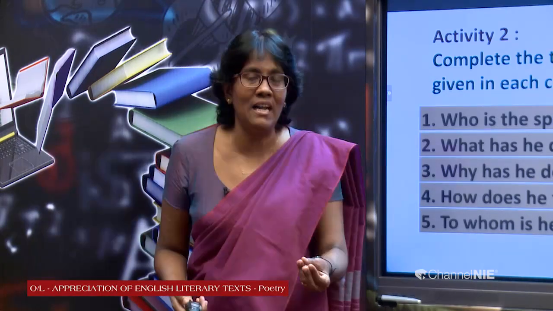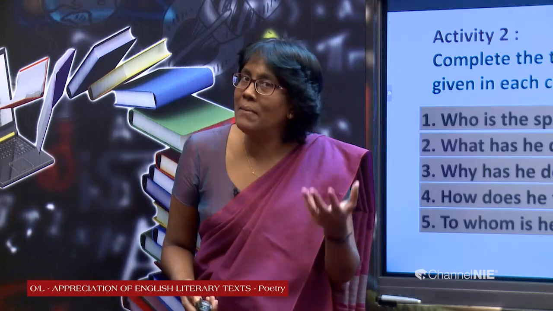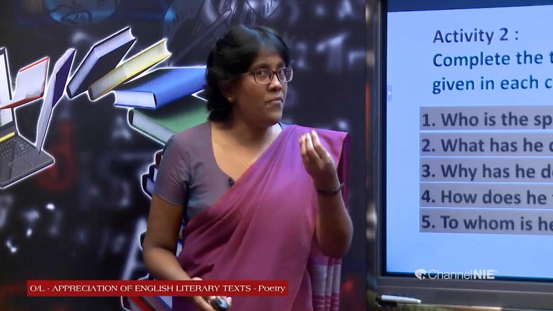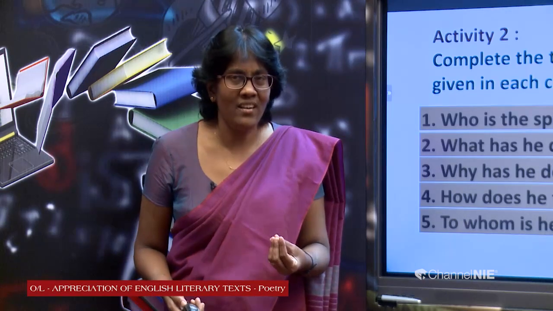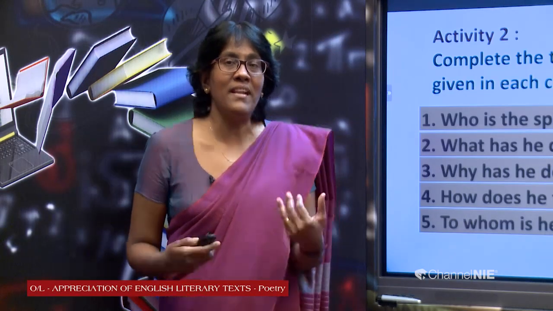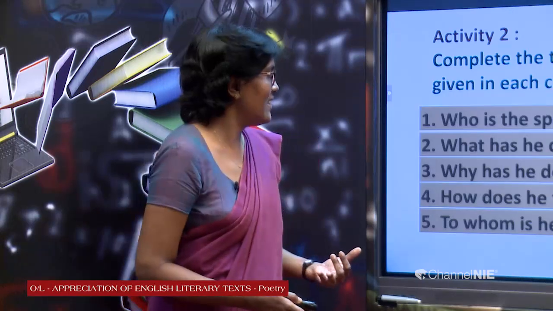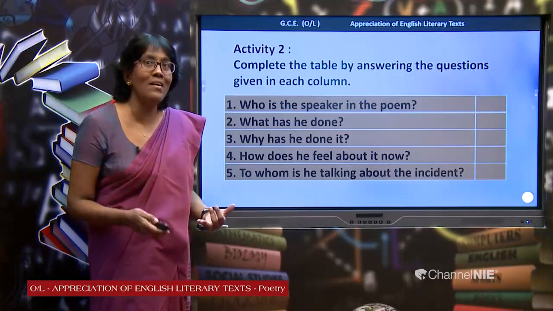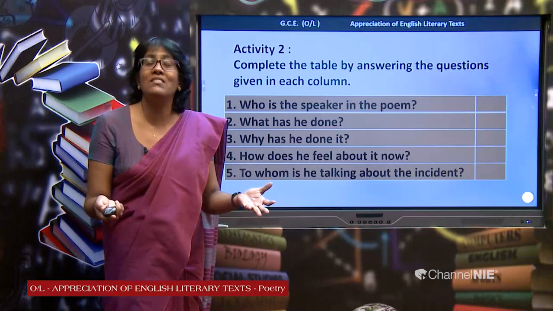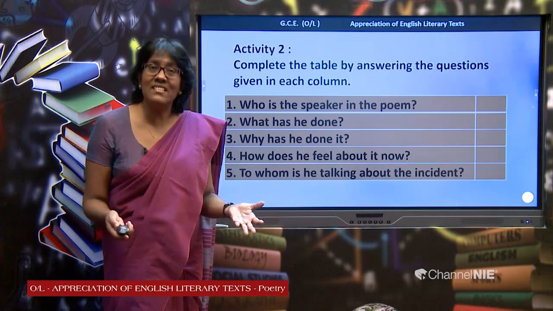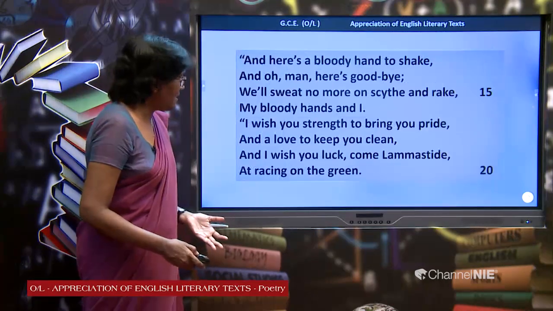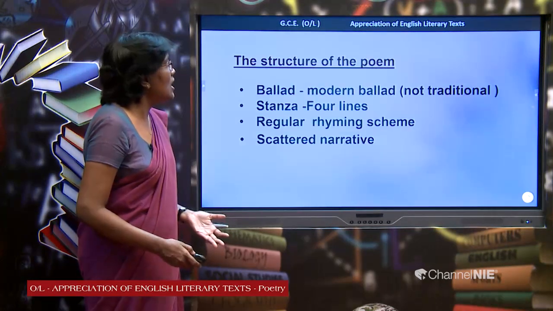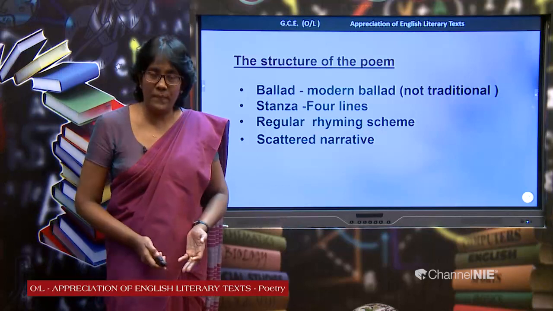On sudden impulse, he had committed a crime. After committing a crime, can a person stay peacefully? No. He's repenting. He's worried. And to whom is he talking? He's talking about this to his friend Terence.